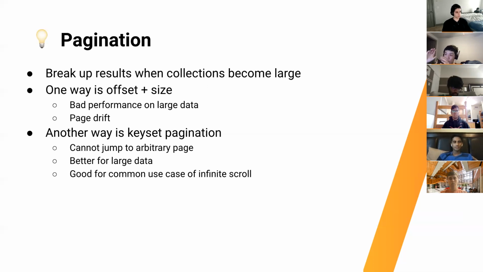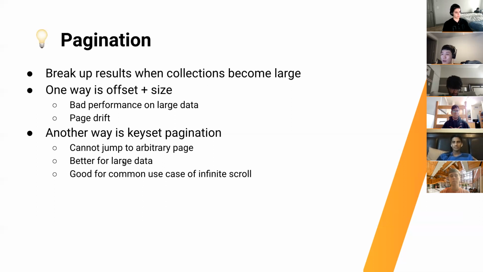There was a post that was outside of the first page when you got it, but when you get the second page, it's no longer in the second page either, because when you deleted from the first page, it moved into that empty spot. That's called page drift, and just remember it's an issue you can have with offset plus size. The newer, better way to do it is keyset pagination.